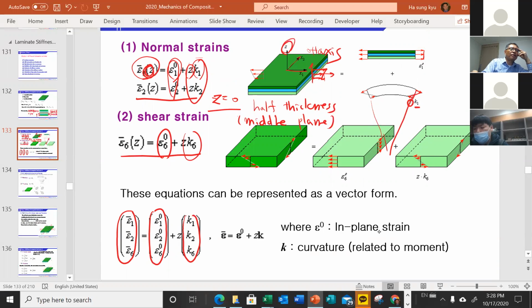See, this is a bend, then the top always has positive strain, and the bottom always has negative strain. Positive and negative strain. To have this, we always need bending-like deformation. So k1 is actually nothing but 1 over R, where R is the radius of this curvature.